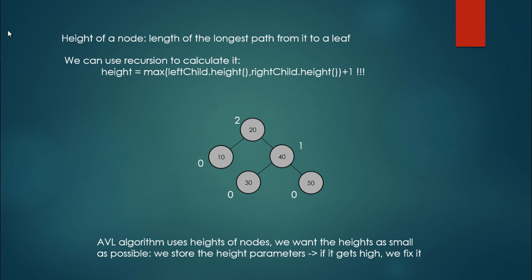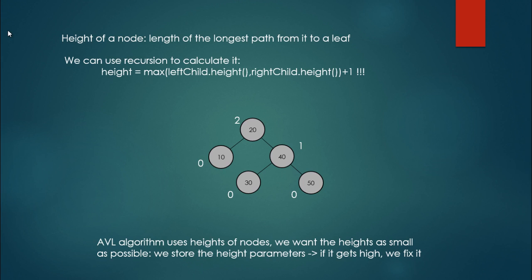When implementing this algorithm, we are going to have a class for each node. In this node, we will have a private field variable, height, which is going to represent these height numbers. I said earlier that we have to make rotations when the difference between the height of the right child and the height of the left child, the absolute value of this, is greater than 1.